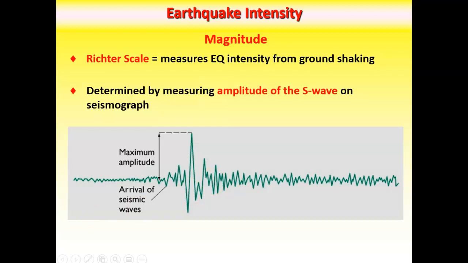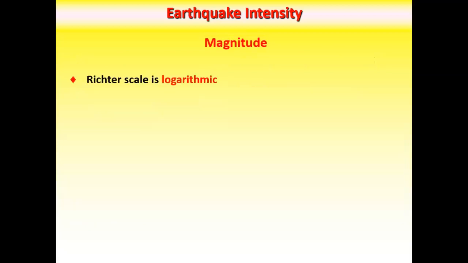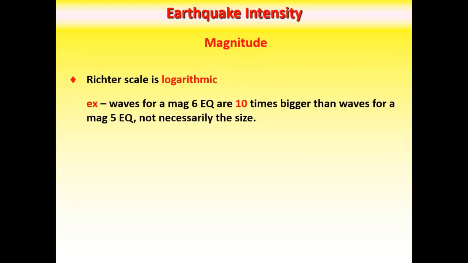What I really want you to remember from all this magnitude stuff is, one, the scale, the Richter and the moment magnitude that we're using today, is logarithmic. So we can't just assume that if you have a 6 or a 7, that a 7 is just 1 times bigger than a 6. It's really 10 times bigger when we're measuring S wave amplitudes, the height of the S wave, which is related to ground shaking.